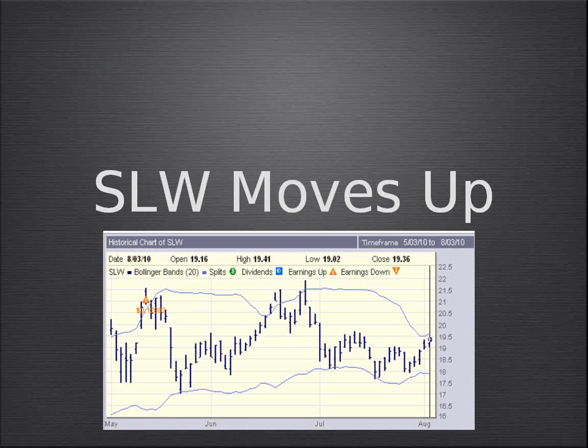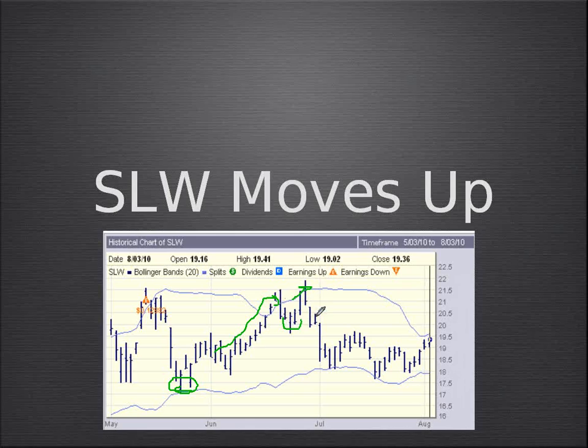I entered the Silver Wheaton position. 1720 was right in this range here when I purchased it, around May 28th when I purchased the position. Saw Silver Wheaton move up. I actually didn't do an income method at this first jump, and I missed it. And Silver Wheaton came down a little bit, but then it came back up in price.